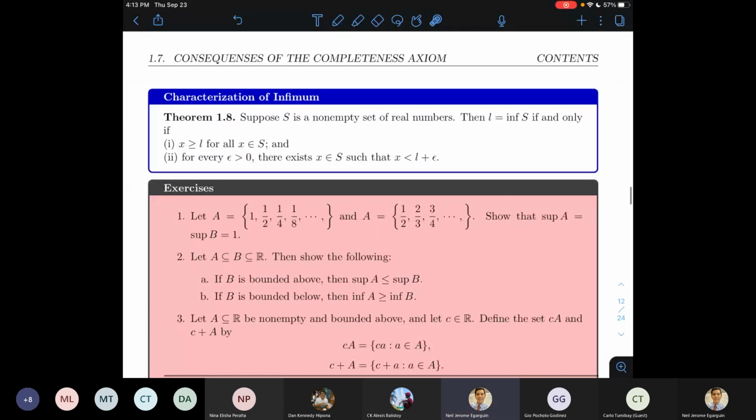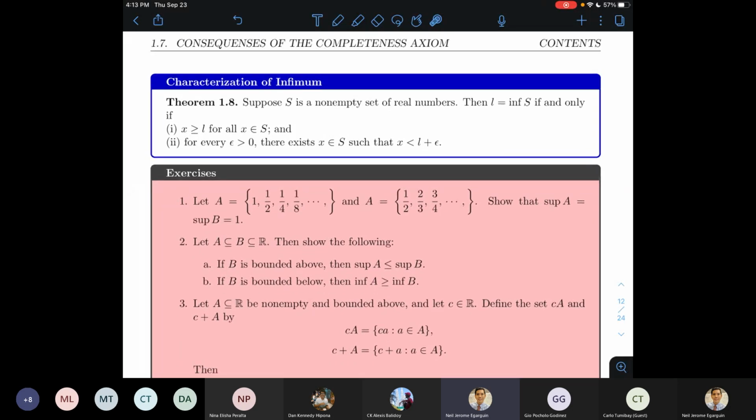And of course, if you have a result for the supremum, there might be an analogous result for the infimum. So in theorem 1.8, we suppose that S is a non-empty set of real numbers, and we let L be a real number. Then L will be the infimum of S if and only if these two conditions are satisfied.